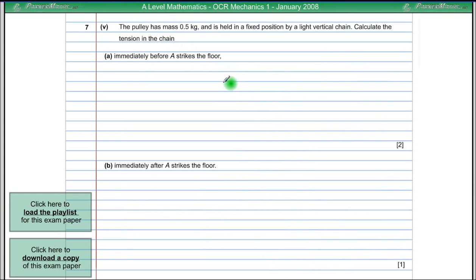Question 7, part 5. The pulley has mass 0.5 kilograms and is held in a fixed position by a light vertical chain. Calculate the tension in the chain, and in part A it says immediately before A strikes the floor. So let's consider just what's happening with the pulley. So we're just going to have all the forces that are acting on the pulley. We're going to have either side of the string, and we know from before this has a tension of 5.88 newtons in each part.